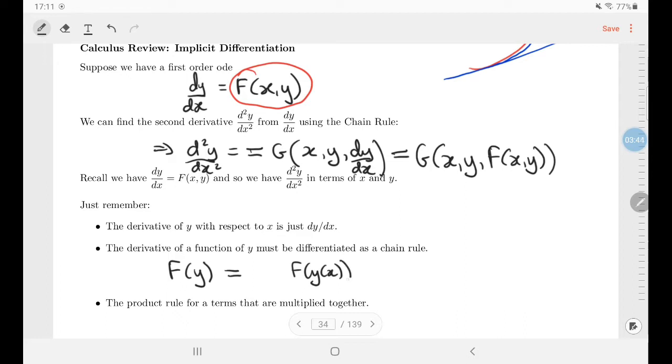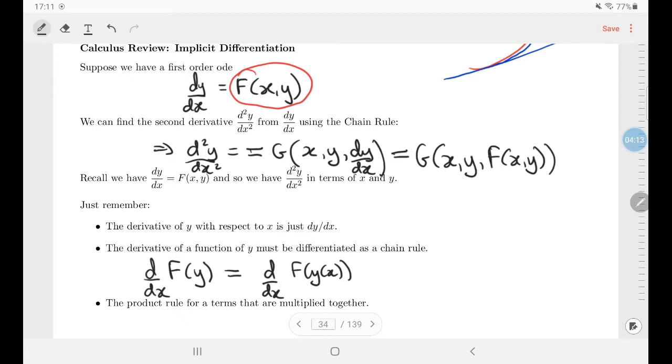When you write down a first order differential equation, the x and the y aren't independent; y implicitly depends on x. In other words, for each value of x, there's only one value of y. So if you're differentiating a function of y, I recommend thinking of the y as y of x, which makes the chain rule easier to see.